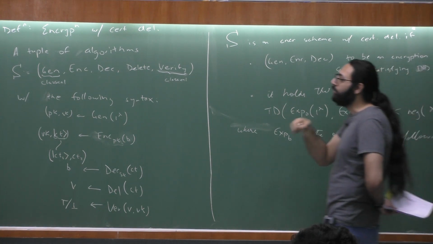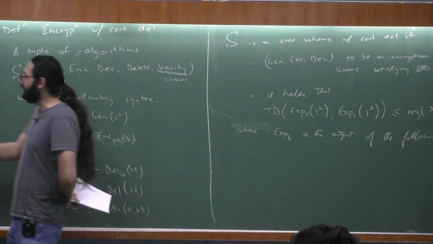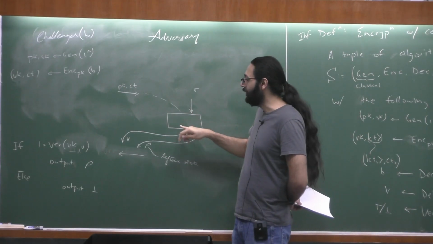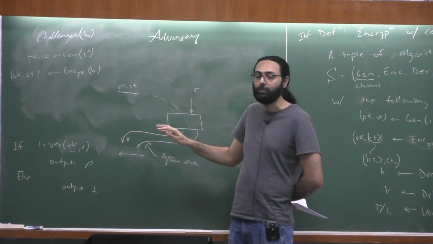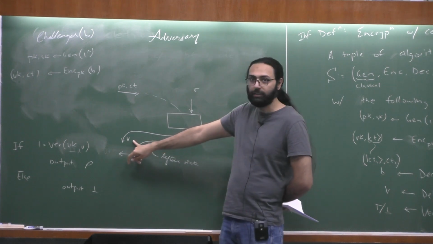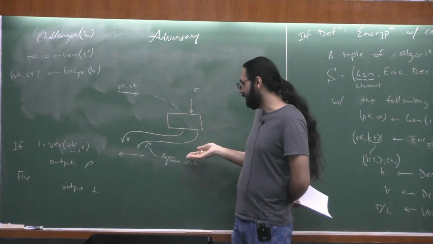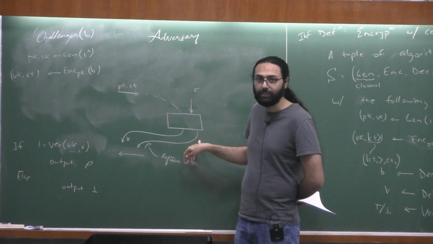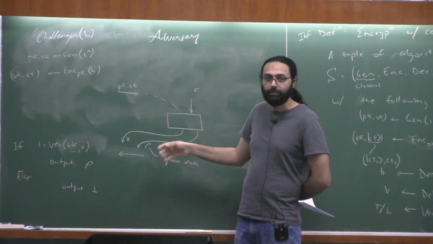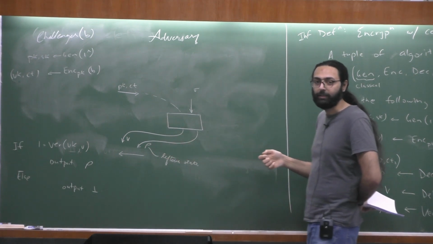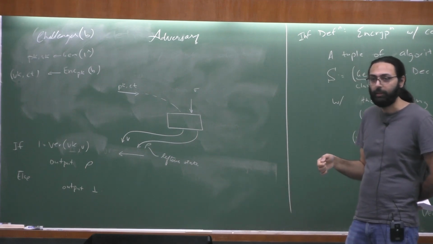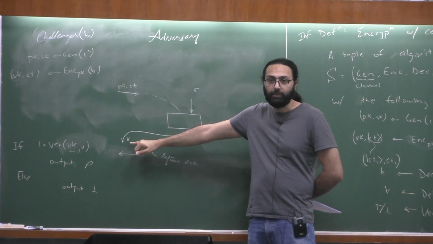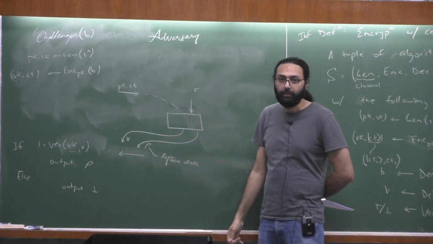Yeah, because what is the game saying? I'm not saying that in practice I will ask the adversary to send some part. In practice I will just see the deletion certificate. But the existence of this property from the game tells me that regardless of what the leftover state was, it will be independent of whether I sent an encryption of 0 or encryption of 1, after the deletion has been issued and verified.